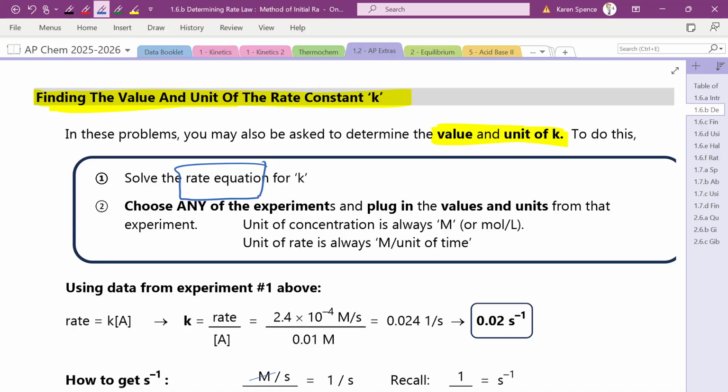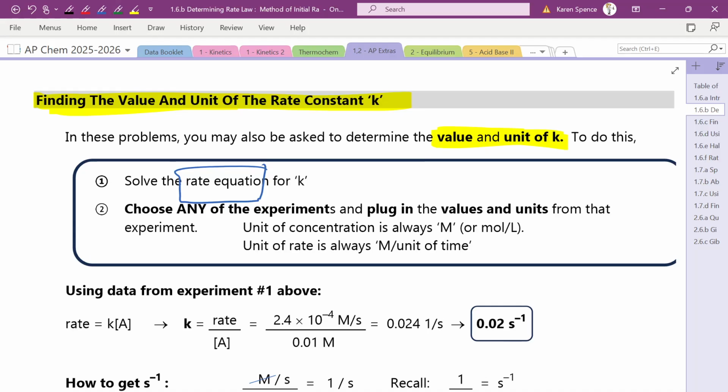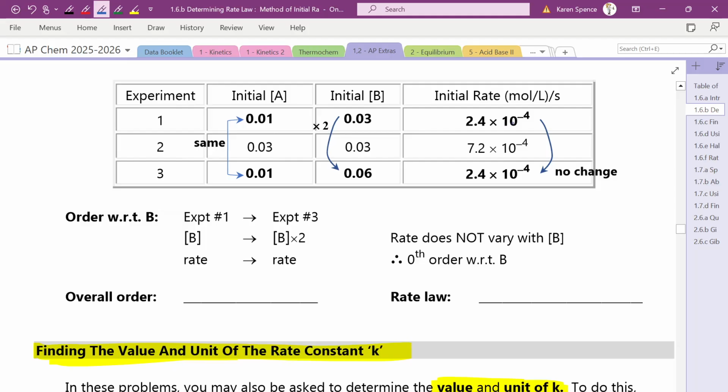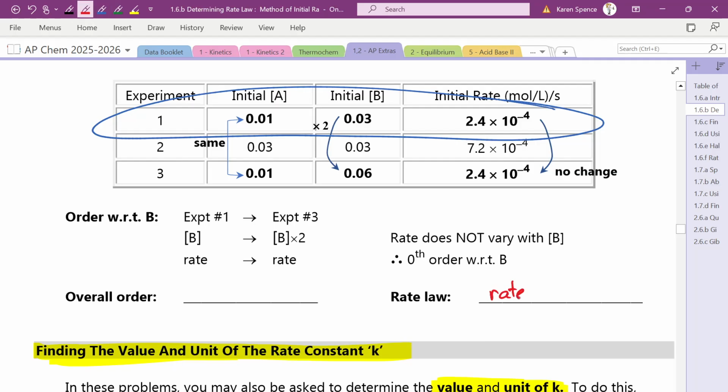So, for example, in experiment 1, right? And this was our previous one. So our rate law was rate is equal to K times the concentration of A. And we're going to use experiment 1.